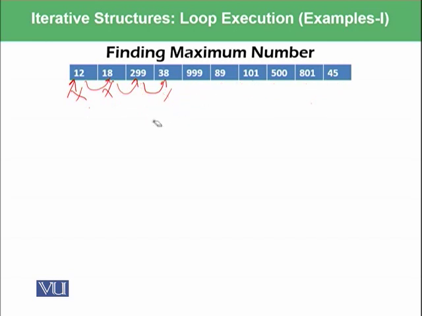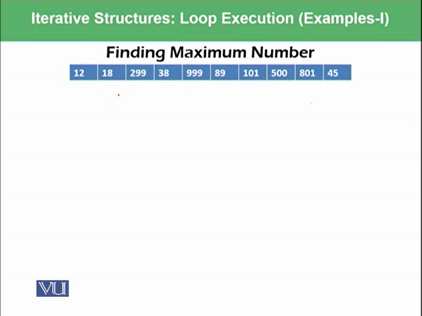So our mind worked fine when we have only 10 values. However, if we have millions of values and we want to find the maximum number out of those millions, it would be very tricky and a very lengthy procedure.